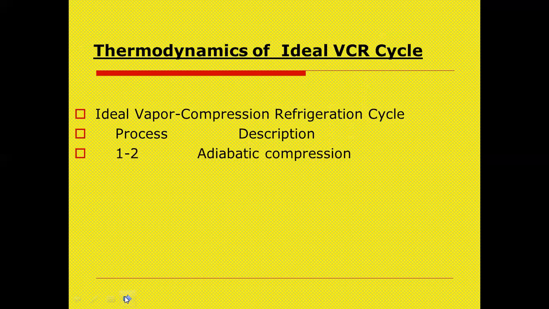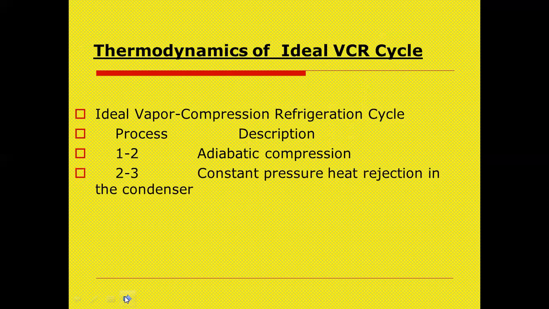Process 1 to 2 is adiabatic compression: the work input జరుగుతున్నప్పుడు the heat we are giving in to the compressor, that is adiabatic compression. And 2 to 3 is constant pressure heat rejection in the condenser.